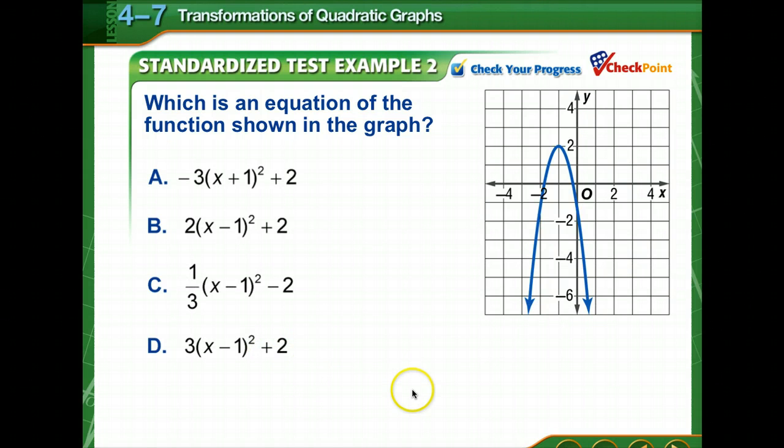Okay, time to check your progress. So pause it for a moment and identify the vertex and where the graph crosses the y-axis, and then substitute that into the equation.